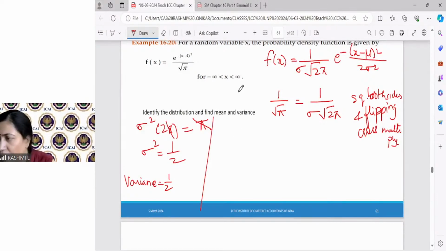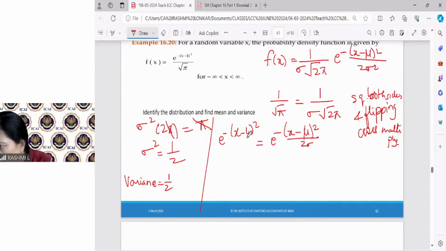Now let us find mean. Now I have e raised to minus x minus 4 whole square is equal to e raised to minus x minus mu whole square upon 2 sigma square.